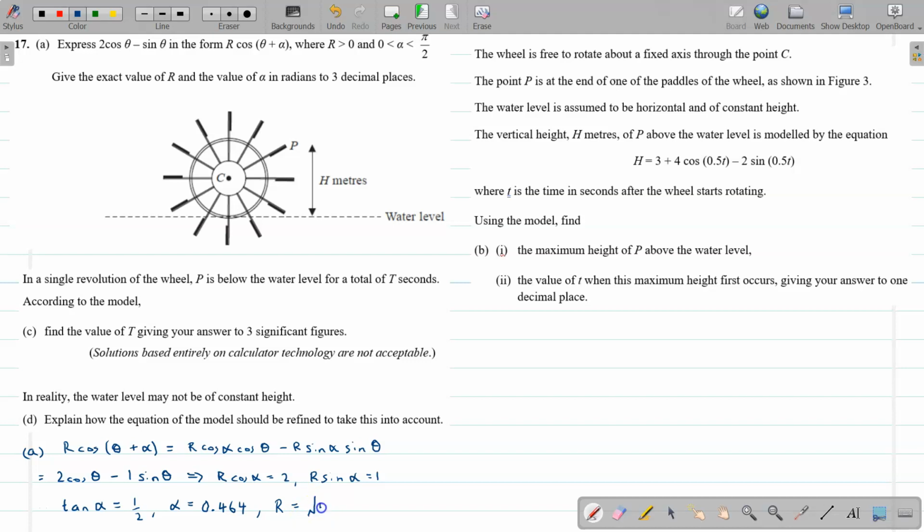So r equals root 5, and our model therefore is that our original expression at the top can be written as root 5 cos of theta plus 0.464.